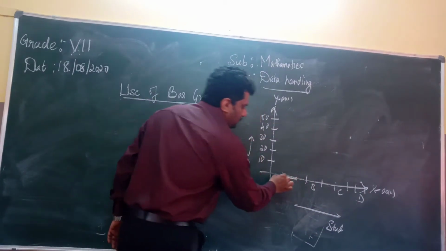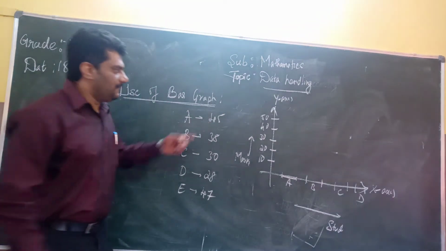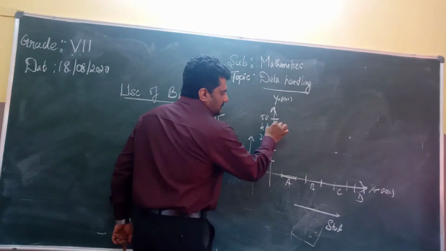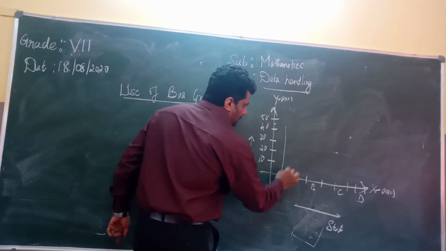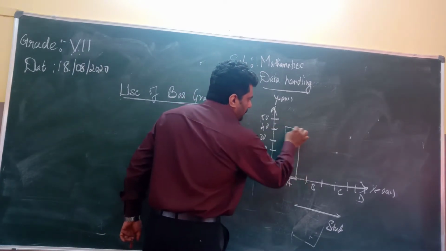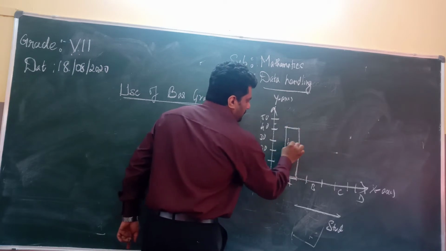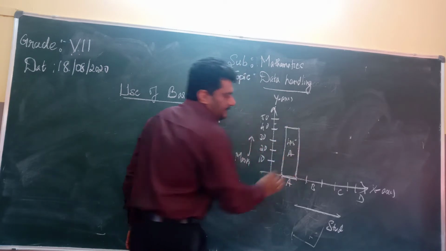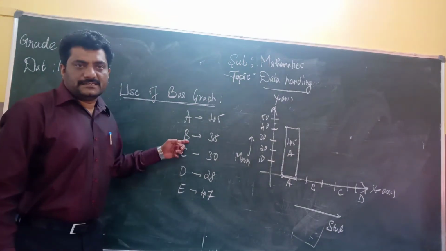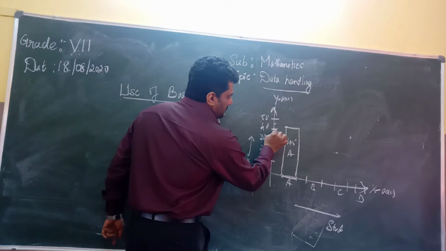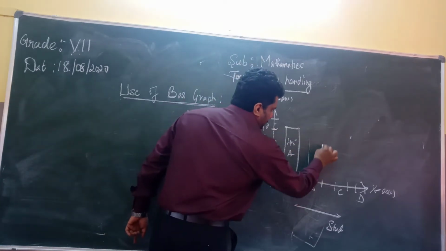Now, A student, how much has he got? 45. Now here, this is 40, this is 50. Now this comes to 45. And put a block of 45 here. Now the next student, which is 38, B. This is 40, so 38 comes somewhere here.